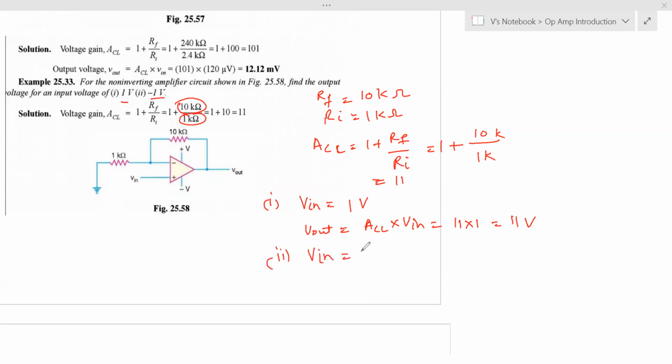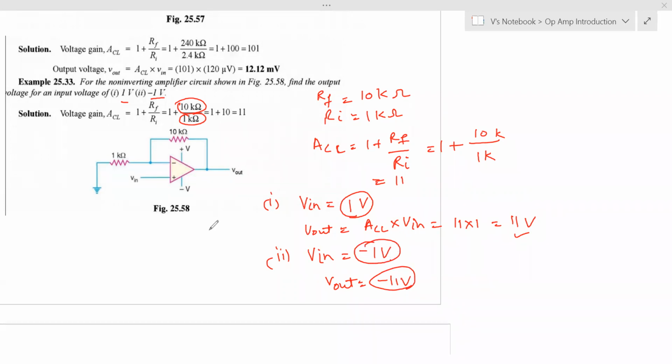And if your input is negative, that's why the problem is taken. If your input has other sign, then your output also has the same sign, right? Minus 11 volt. So 11 volt if your input is plus 1 volt, minus 11 volt output if your input is minus 1 volt.